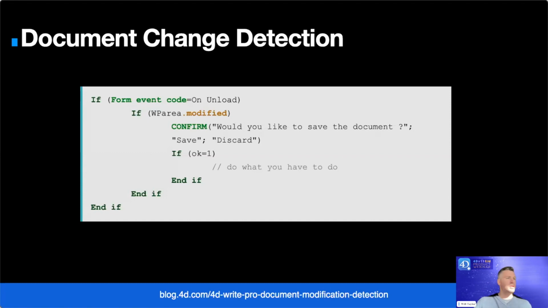So the new document.modified property will quickly detect changes inside a document so that you can perform the actions accordingly. So either transparently by doing automatic saves, or by having a pop-up saying, hey, do you want to save now? Very cool.